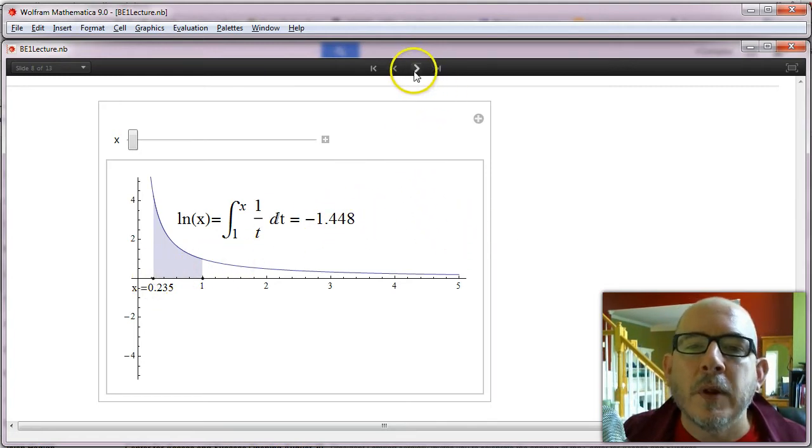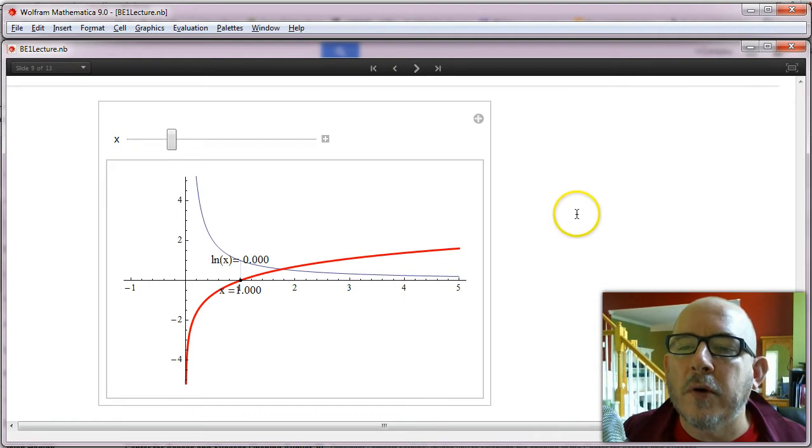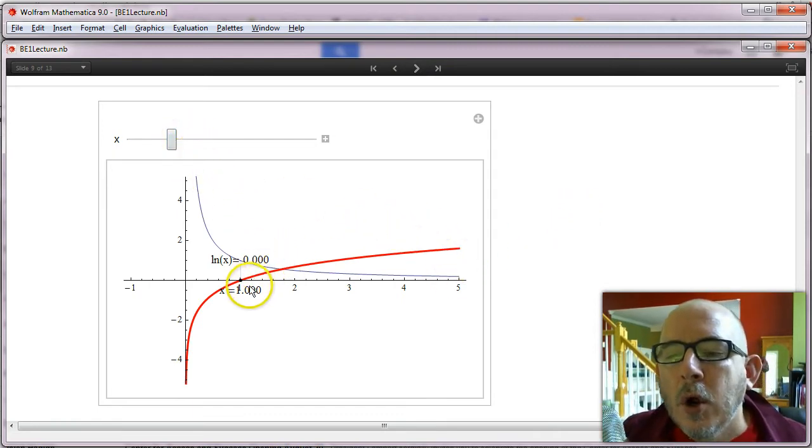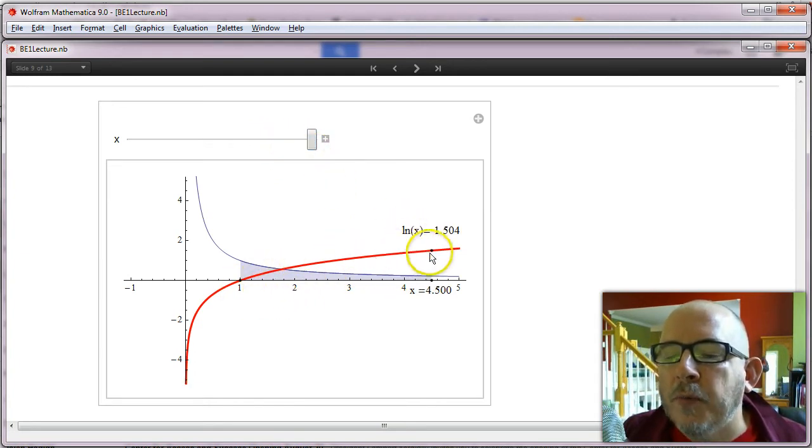Okay, so let's look at this logarithm. What if I plot natural log? When x is 1, the natural log of x is 0 because the area under the curve from 1 to 1 is 0. And as I went forward, the value of the natural log of x, being the area there, grows, but it grows slowly.